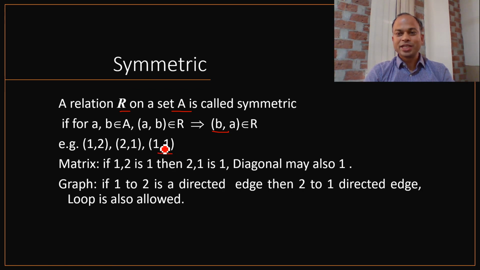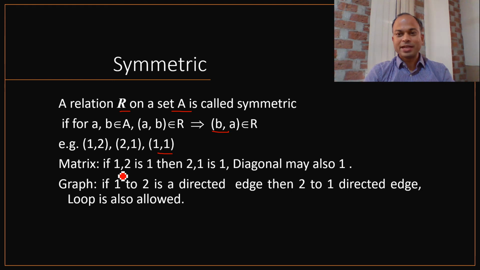Inverse of this particular 1 1 is also 1 1. If the inverse is the same, if R inverse equals R, then this is called a symmetric relation. Therefore, 1 1 supports the symmetric property. If we observe this example, then we can represent this particular relation using the matrix and graph like this.